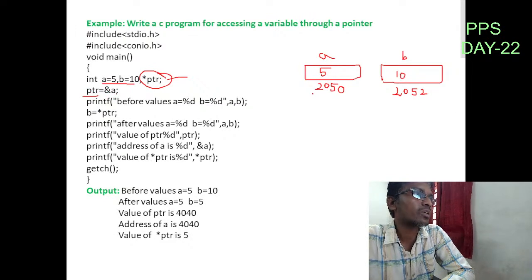What is the address of a here? It is 2050, so that value will be stored in the PTR variable. Now PTR contains the address of variable a.